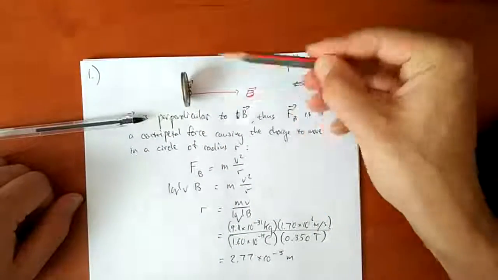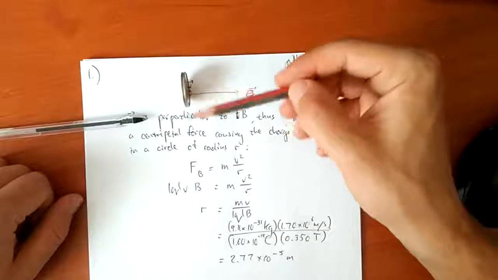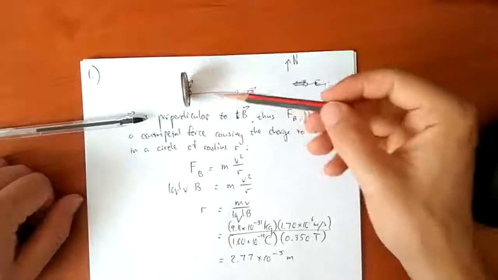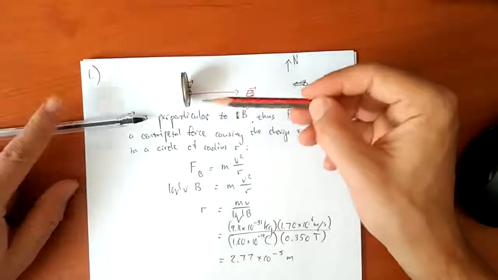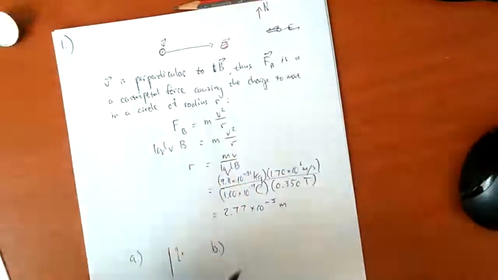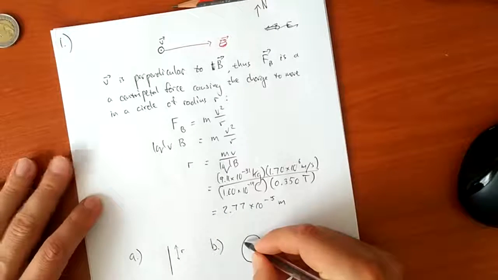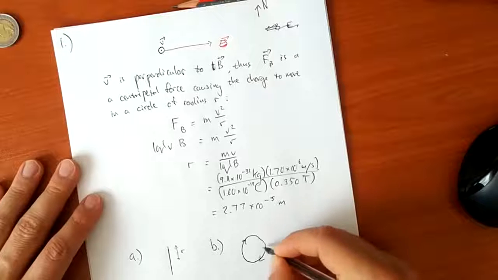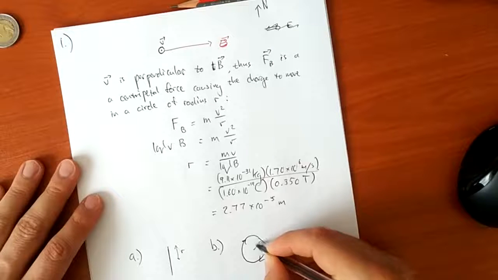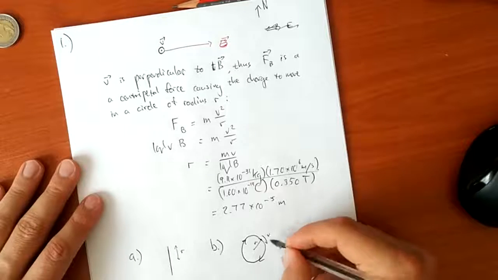Now you've got to use your visual reasoning a little bit. This observer is going to see clockwise movement of radius r, and it's going to go around at that initial velocity v.